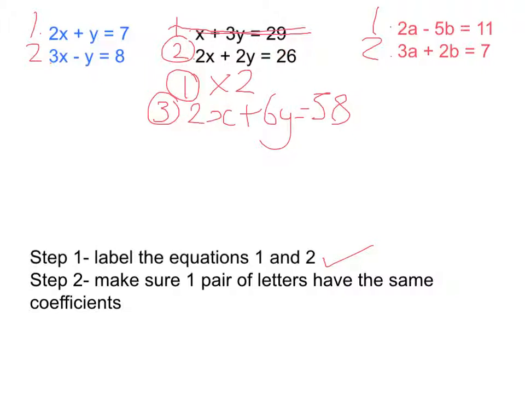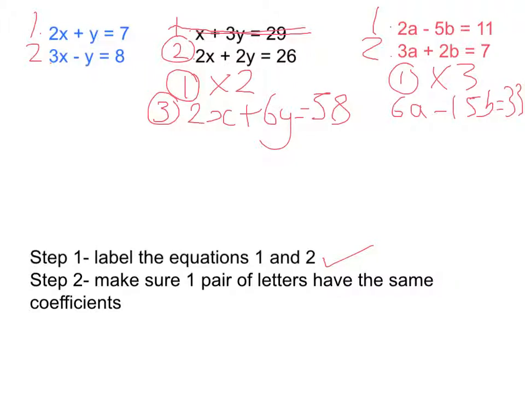And for the third example, again, because the a's have got different numbers and the b's have got different numbers, I've got to think, what can I do to get two numbers the same? For this example, I'm going to take equation 1 and times it by 3, and that will give me 6a minus 15b equals 33.